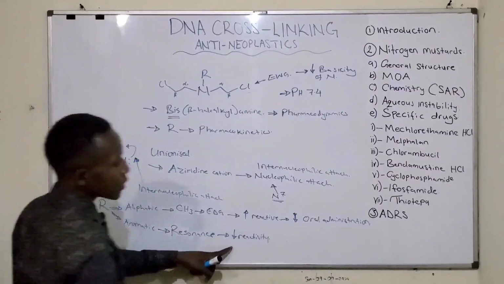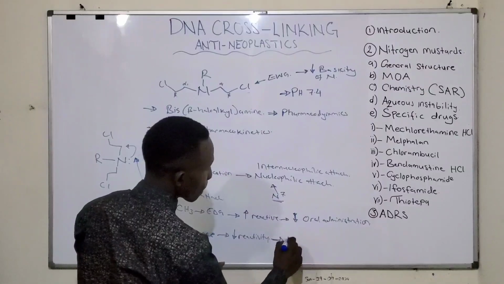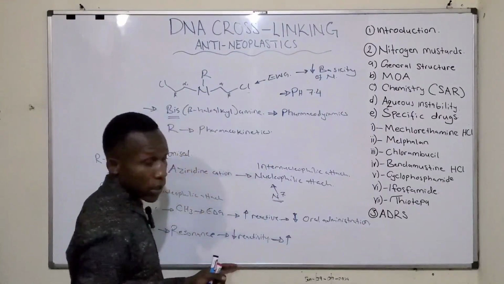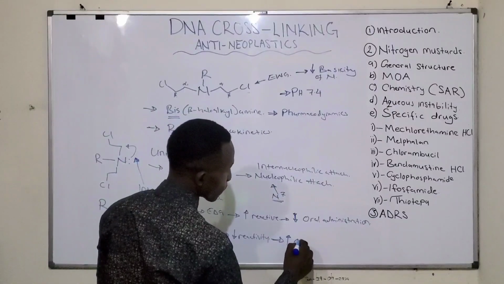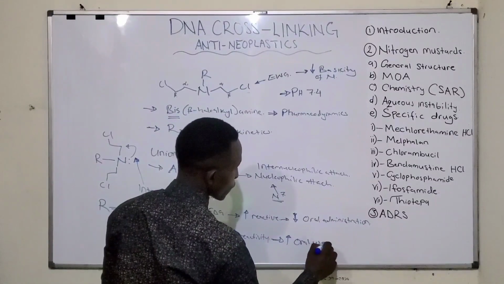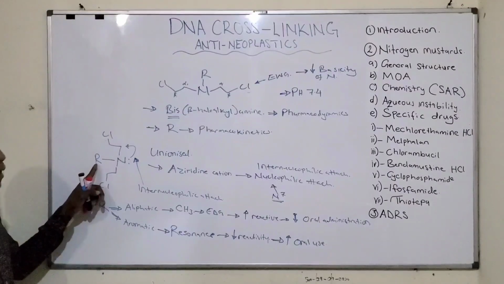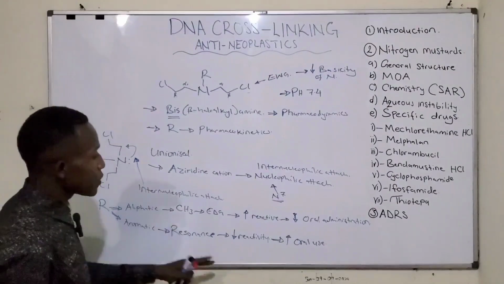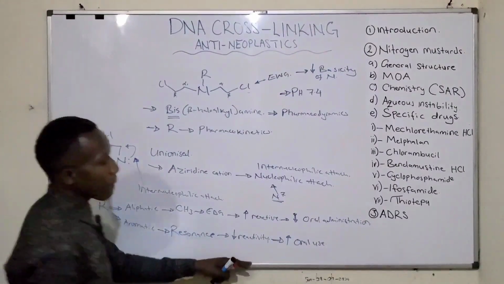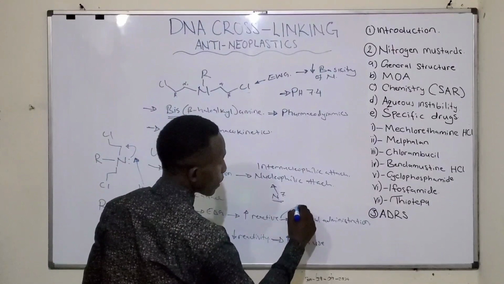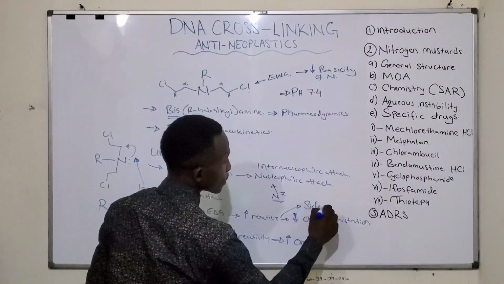When it reduces the reactivity, this provides for the oral use of the drug. So we shall have the oral use of these drugs which have the aromatic group at this position. Because they are less reactive, whereas with increased reactivity we shall have a lot of side effects.